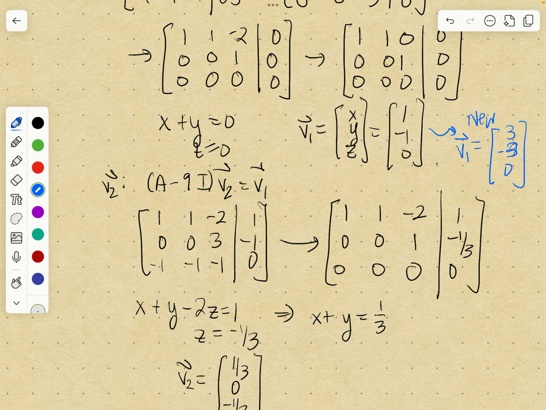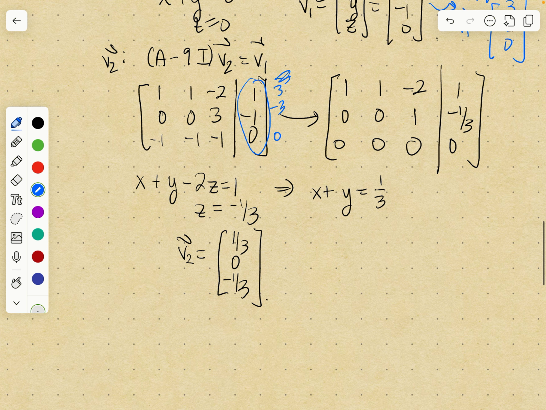If you use 3, negative 3, 0 here, you would have ended up getting the new v2, which is 1, 0, negative 1. Not super necessary, it's just that it cuts down on the computation because you just have integers and it's easier to work with.